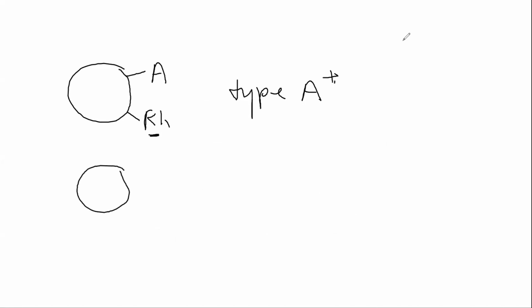If this person has A antigen on the surface but does not have Rh, then we call it type A negative. That means it only has antigen A, but does not have antigen Rh.